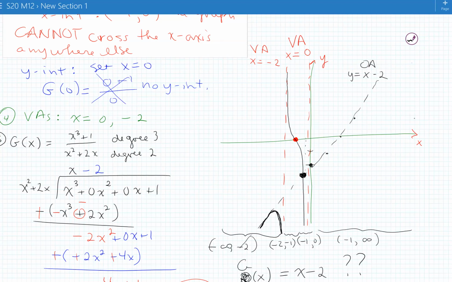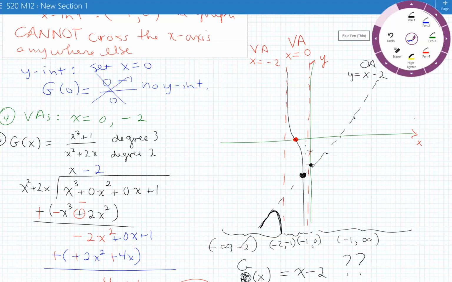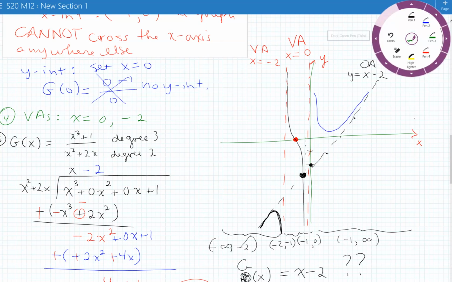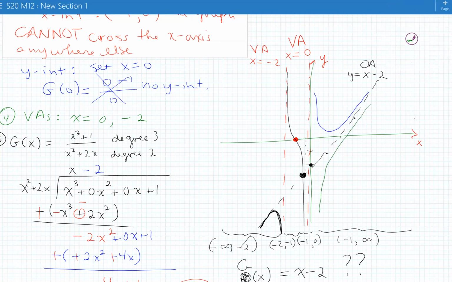Now again, I only have two choices really. So one choice is this shape, and the other choice would be this shape. But see how the green one intersects the x-axis, so I know it can't possibly be the green one.